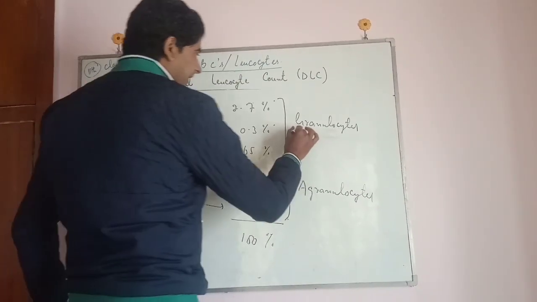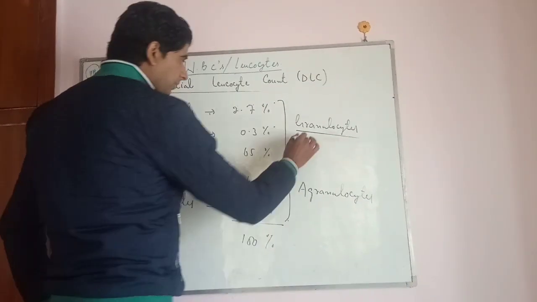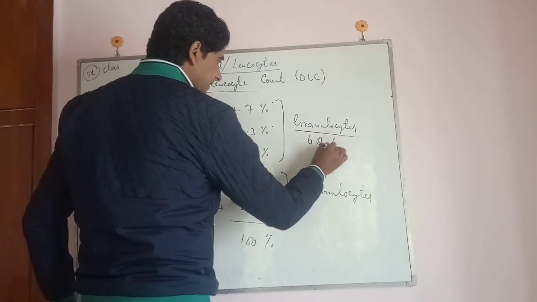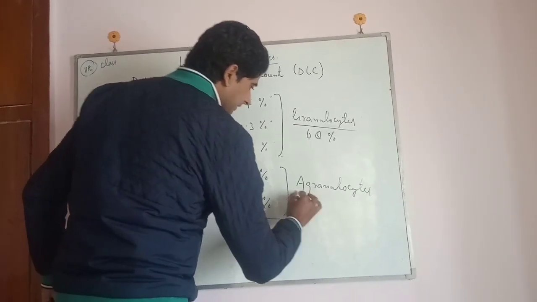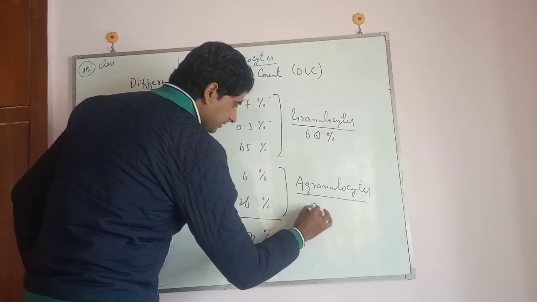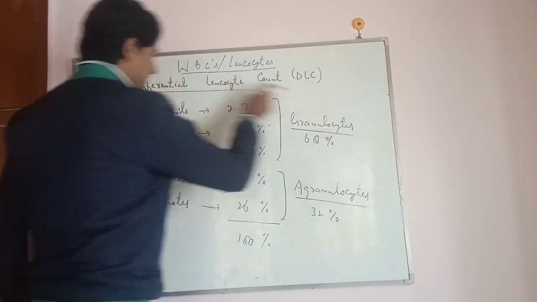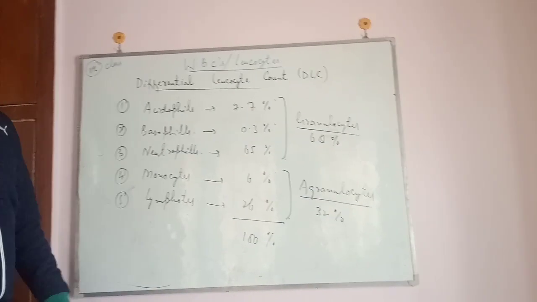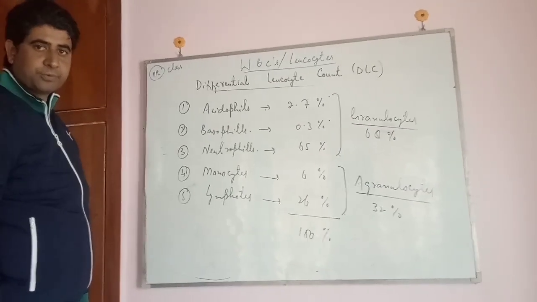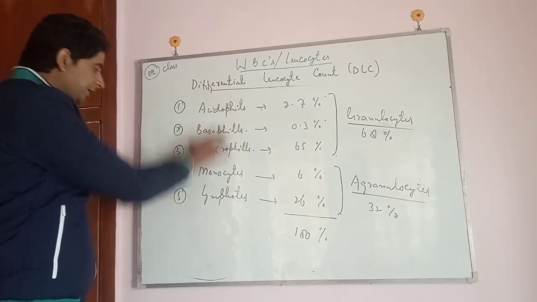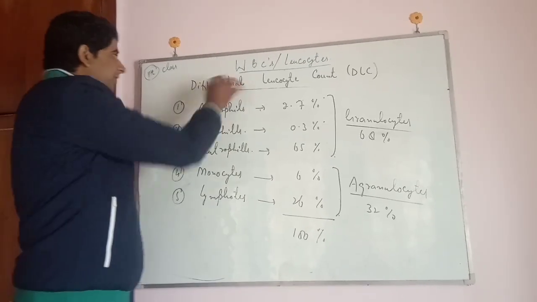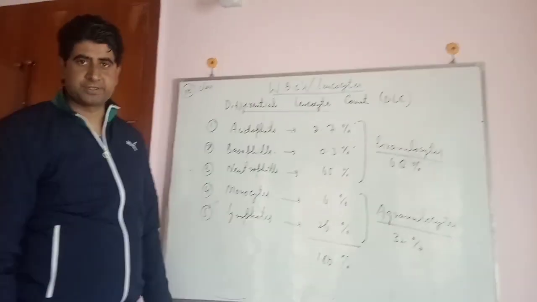That means granulocytes यहाँ पे ज्यादा हैं और जो इनकी percentage है that is 68%, while the agranulocytes की percentage है 32%, as is evident from this board. So that means we have the different types of WBCs. इसी को हम कह सकते हैं differential leukocyte count.